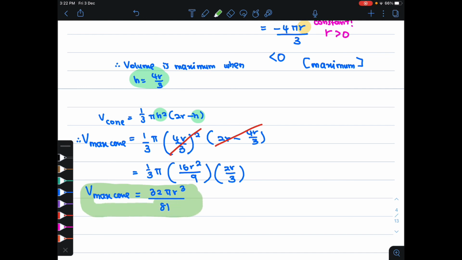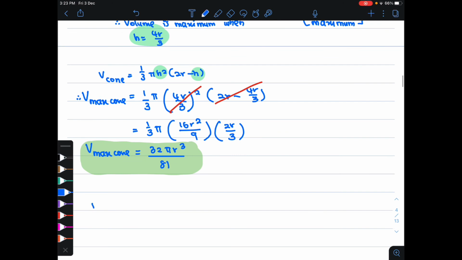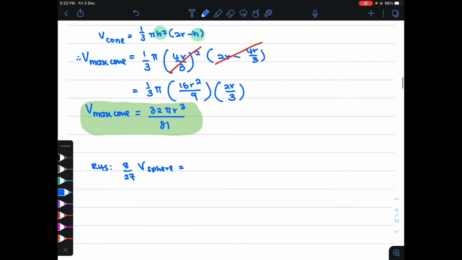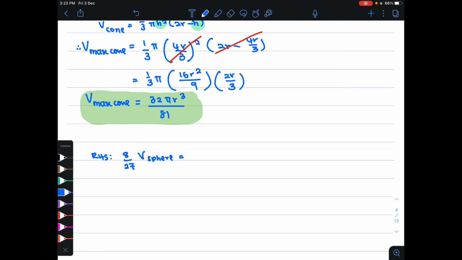So we have settled the left hand side. Now we need to find the right hand side. So right hand side is 8 over 27 volume of sphere. Okay. So bring out the formula for volume of sphere, which is 4 over 3 pi R cube. Okay, just be careful. R here is for sphere. So, R sphere cube.